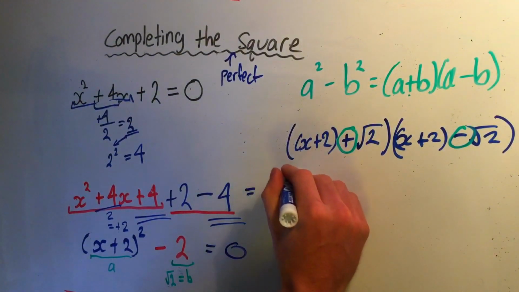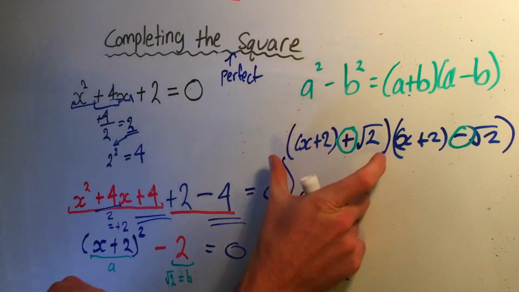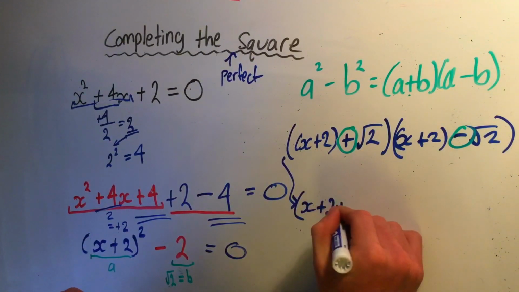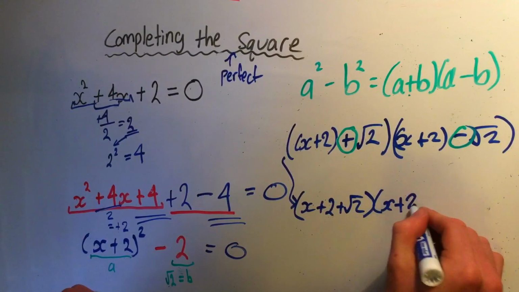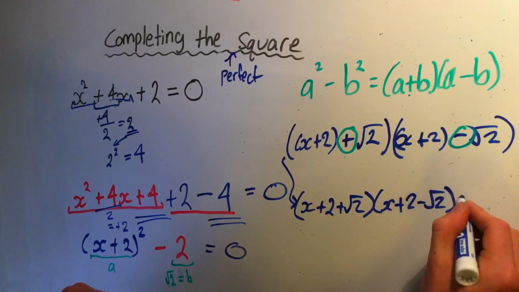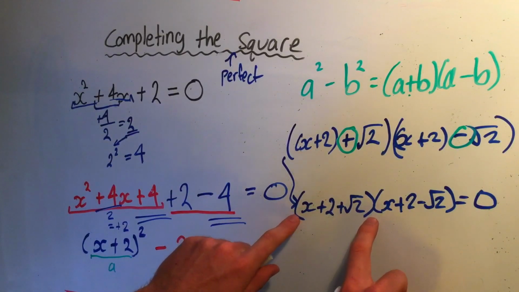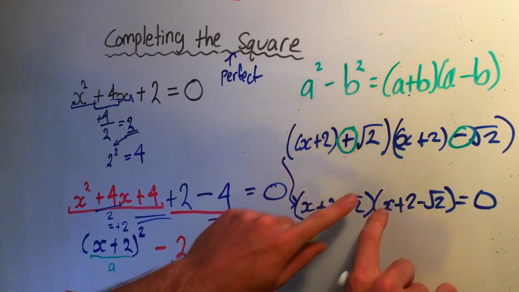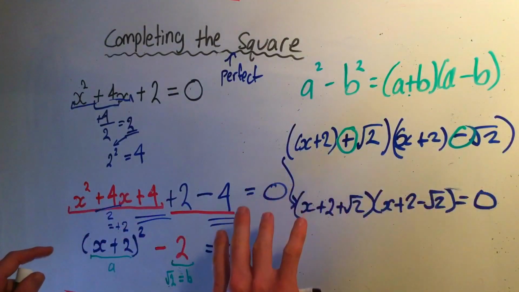So this is then going to come down here, and we're going to expand these brackets inside the bigger brackets, and we're going to get x plus 2 plus root 2 bracket, x plus 2 minus root 2 equals 0. And of course, to finally solve it, we simply make each bracket equal to 0, because if this bracket equals 0, 0 times this whole other bracket is going to equal 0, and that will solve our equation.